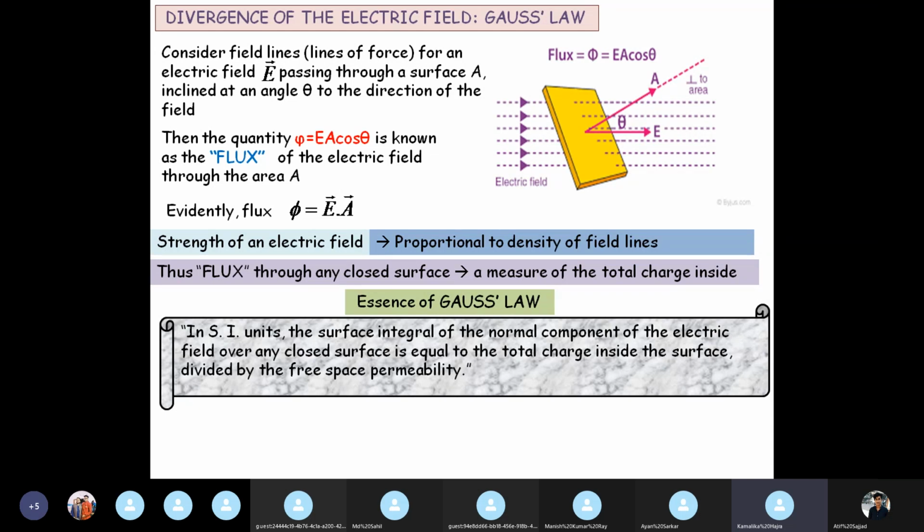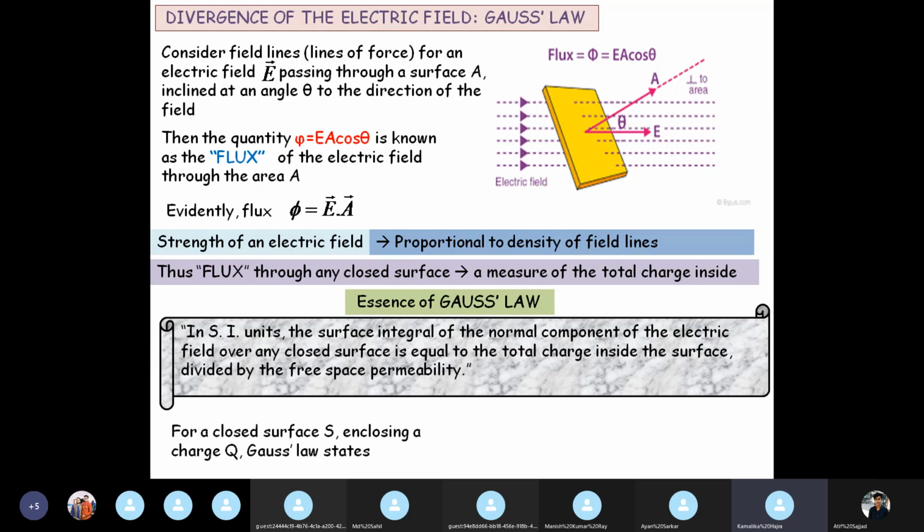In SI units, the surface integral of the normal component of the electric field over any closed surface is equal to the total charge inside the surface divided by the free space permeability.